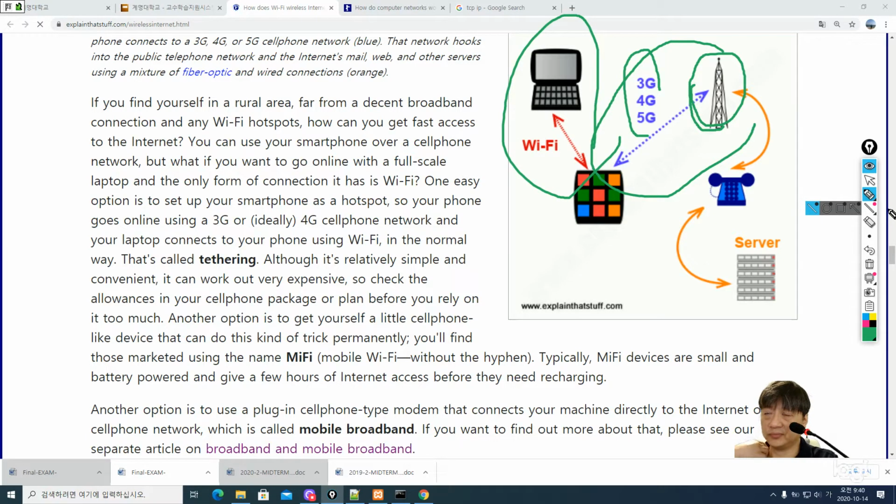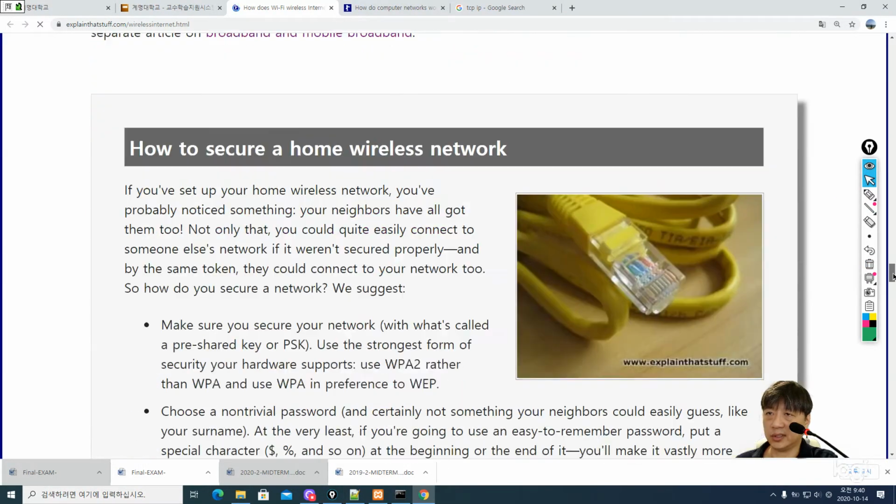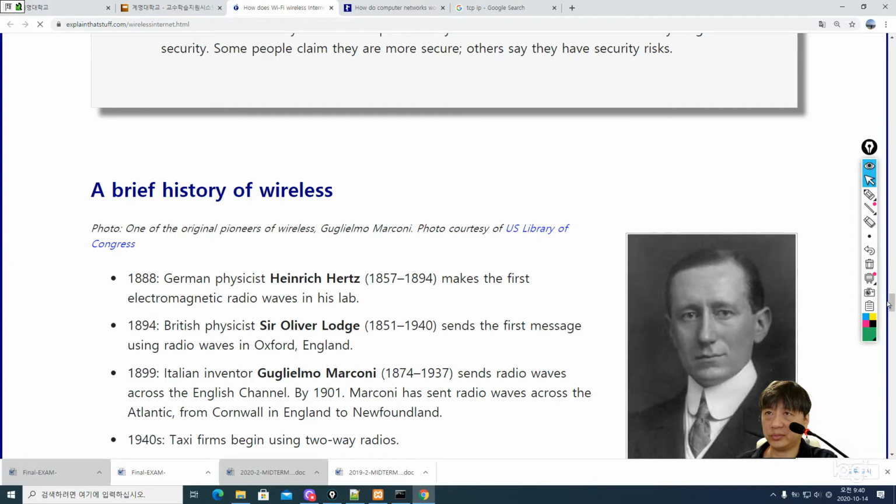So this you can consider as hotspot. Okay. Where it gives you the access to the internet. Okay, I think that's pretty much about it. Thanks to Hertz, we have wireless communication. Okay.